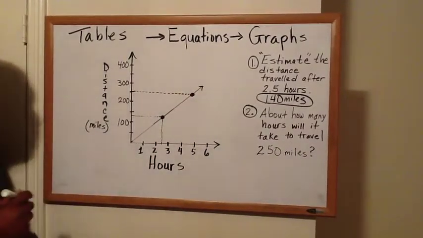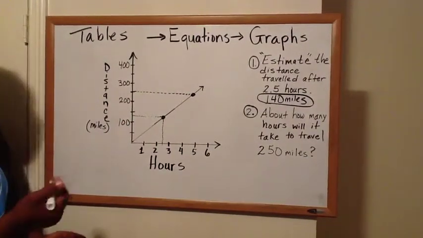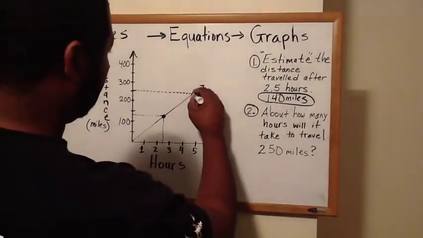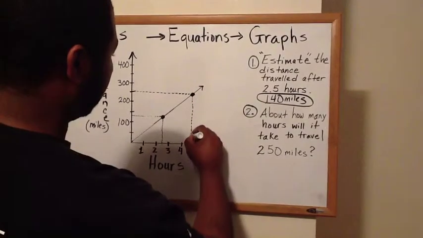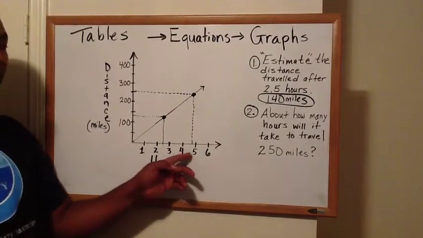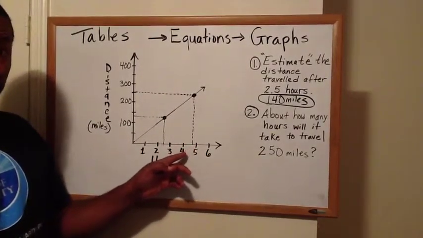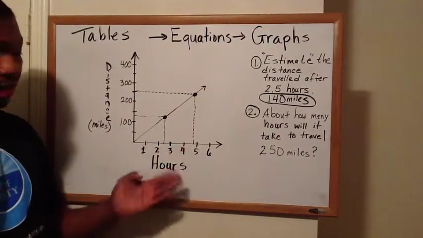It's about that point. And now I'm going to drop directly down onto the x-axis and see where it lines up. And according to my calculations, it's between 4 and 5 hours. It looks like it's closer to 5 hours than it is to 4 hours, so it's more than 4.5 hours.